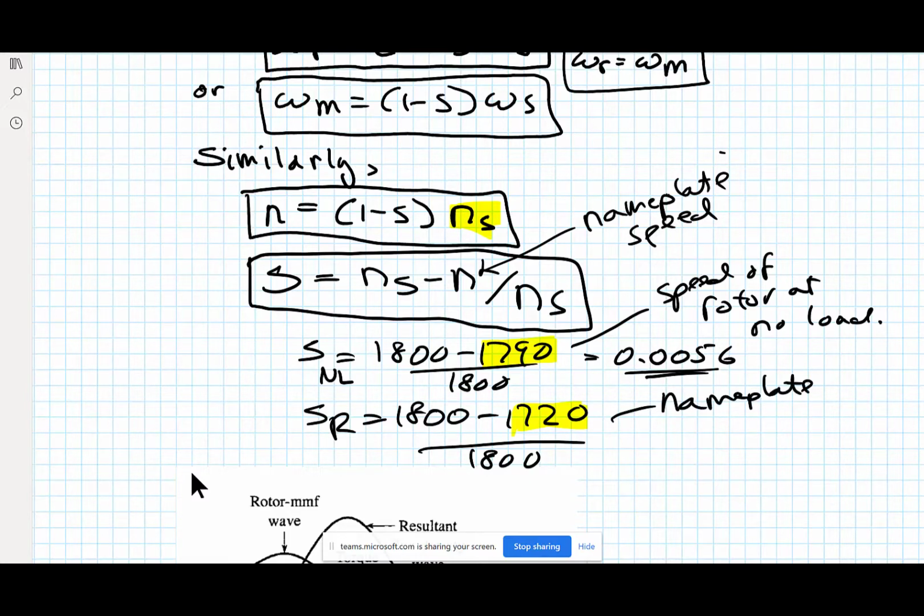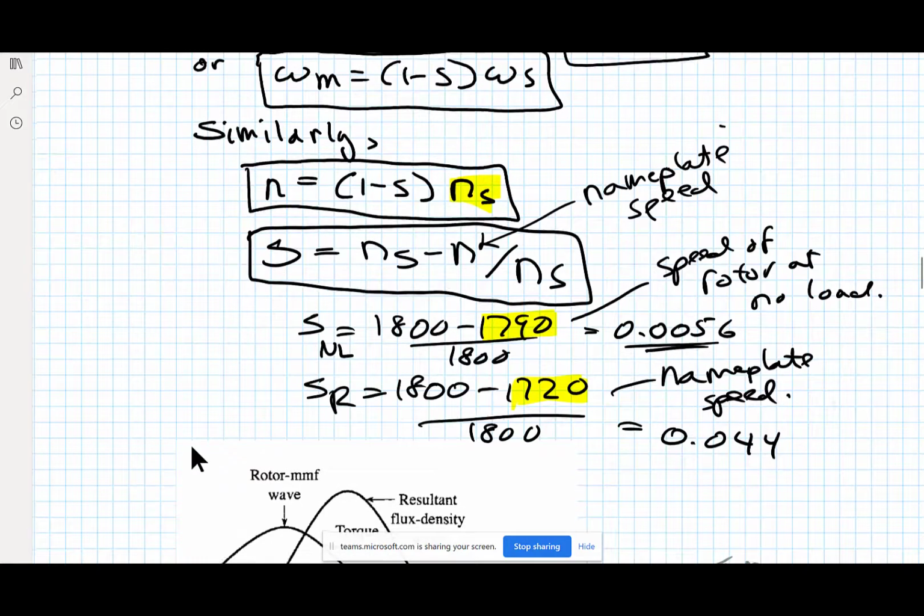You go to the motor, it's got a rusted little tag on it, and you scrape the rust off, and it says 1720. That's the rated speed. It's a 4-pole machine, 1800 minus 1720, divided by 1800 is, that's a lot better, 0.044. That's your slip.